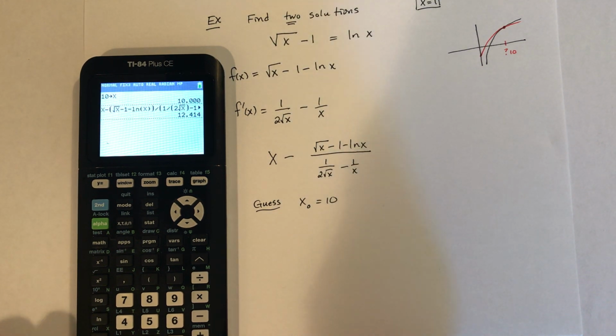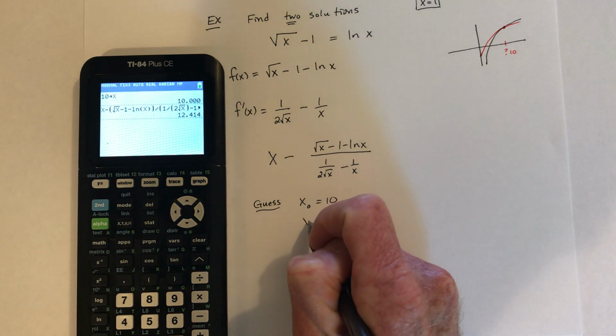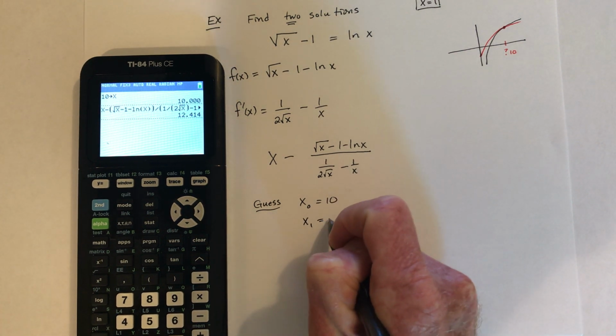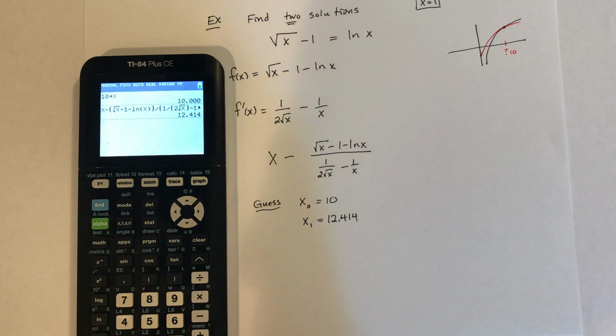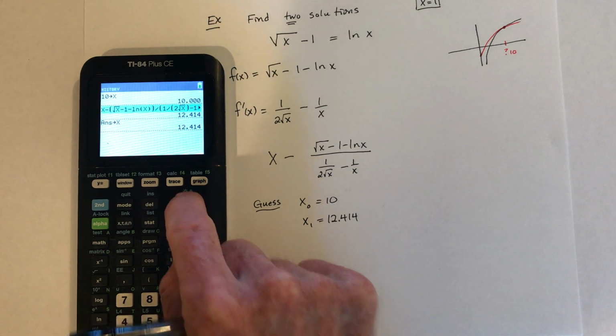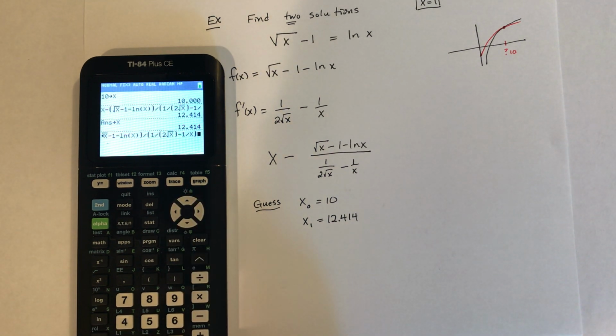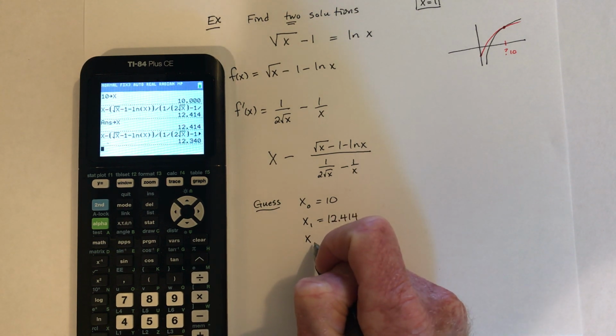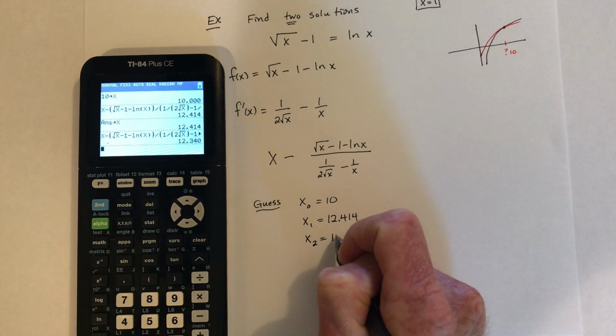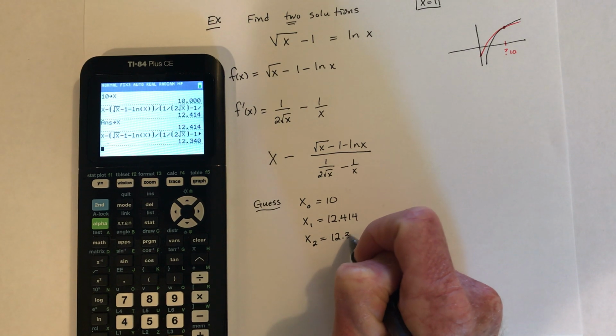And how good was my guess? It says you probably should have gone with about a 12. All right, so 12.414. Then store that as X. Go back and screen grab that. And the answer is already settling down because it's still a 12 something, 12.340.